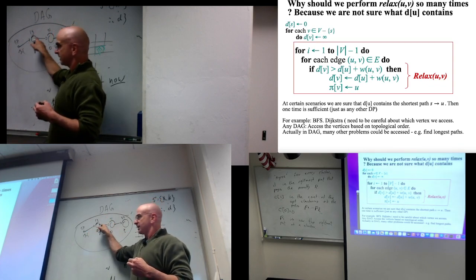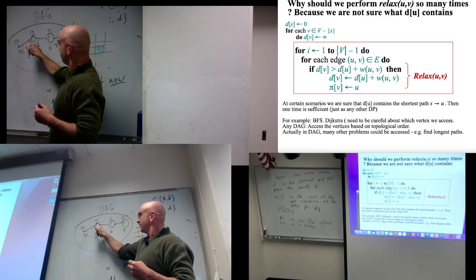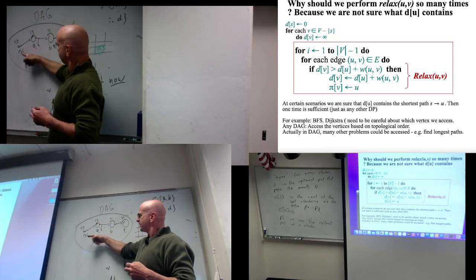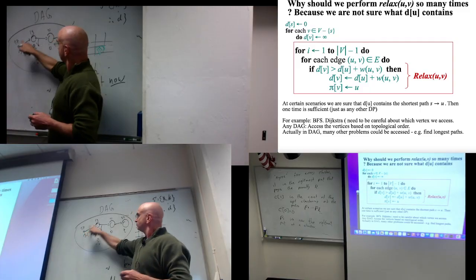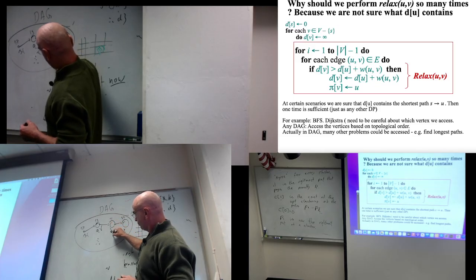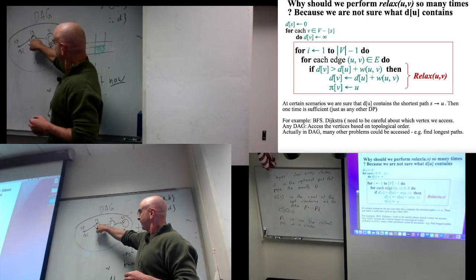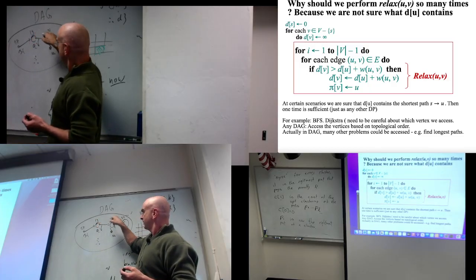It will be D of S plus the weight of the edge, no matter what happens between accessing S and accessing V. Could be that I'll access many other vertices, but what's important is that this happens only after this is done. And B will play the role of U only after I'm done with V. So A knows the distance to it, then I'll access U.